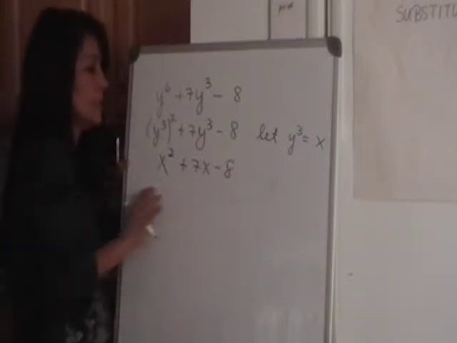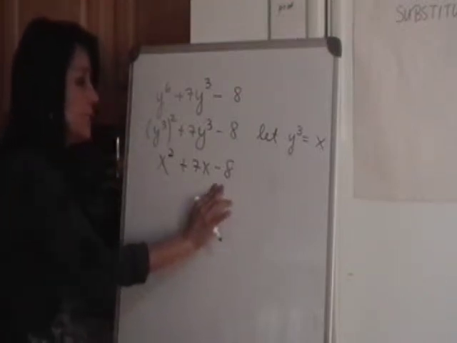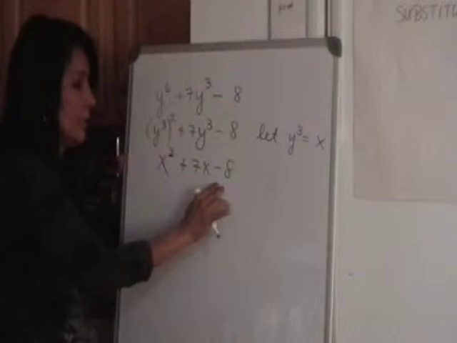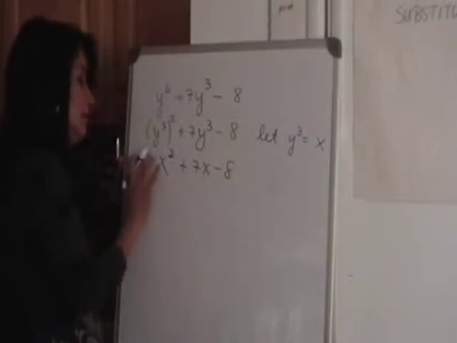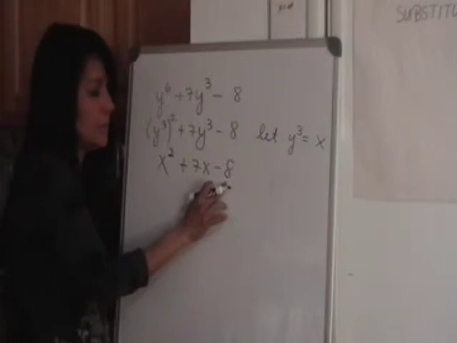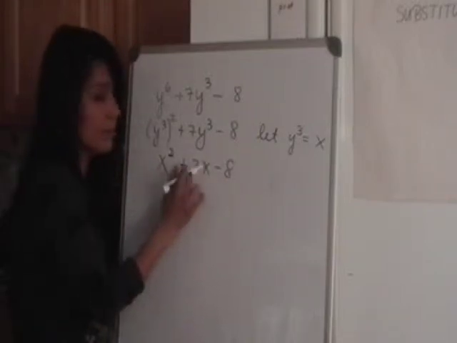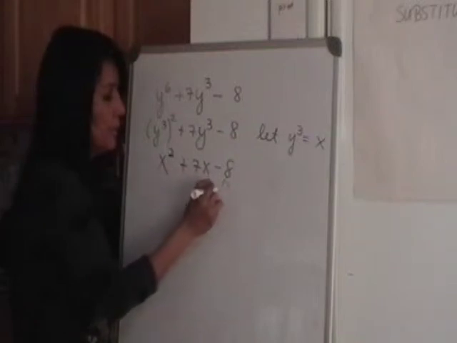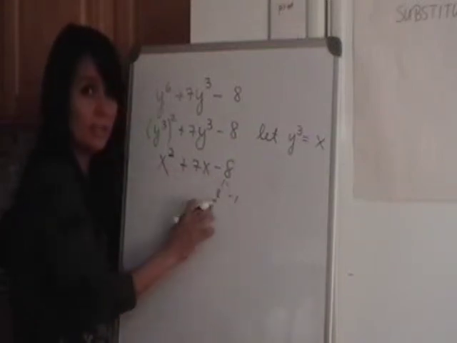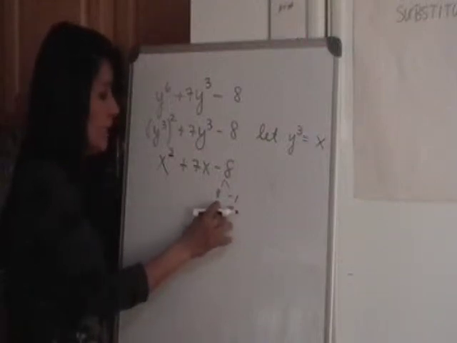So we are interested now in factoring this, and hopefully we are at home with this type of expression. This is a quadratic trinomial. Again, the leading coefficient is 1, so it's easy. We just want to think of two numbers that will multiply to negative 8 and add up to 7, right? So those are what? 8 and negative 1, right? 8 plus negative 1 is positive 7. 8 times negative 1 is negative 8.